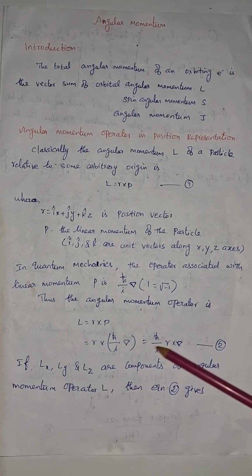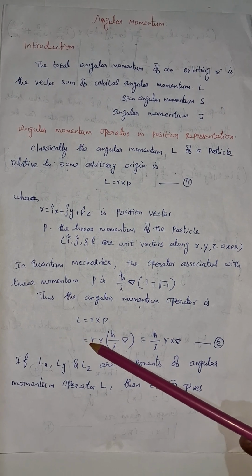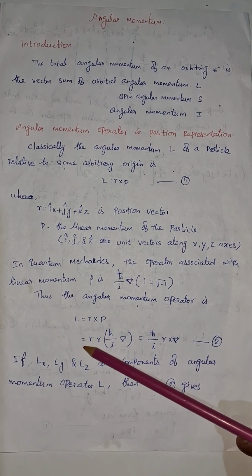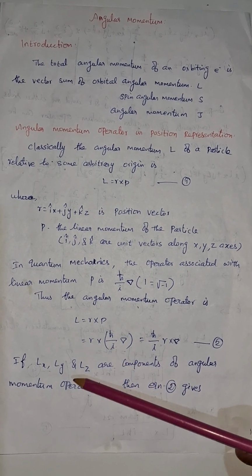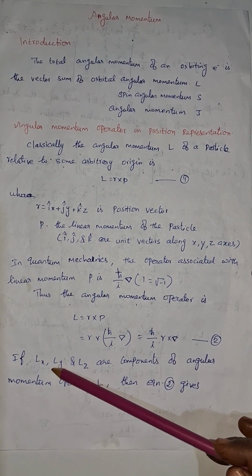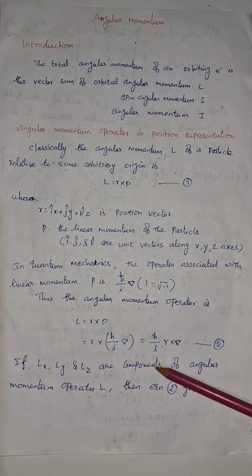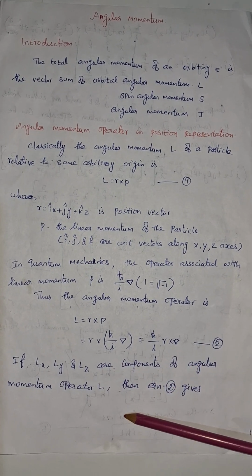Similarly, this L can be represented for three axes, for example x, y, z axis. So this angular momentum can be written as Lx, Ly and Lz for the different angular momentum operators.